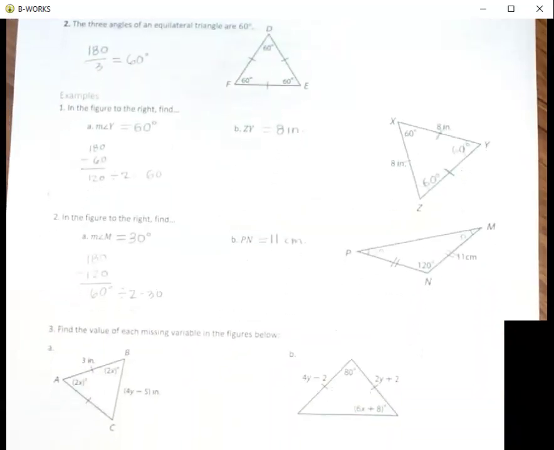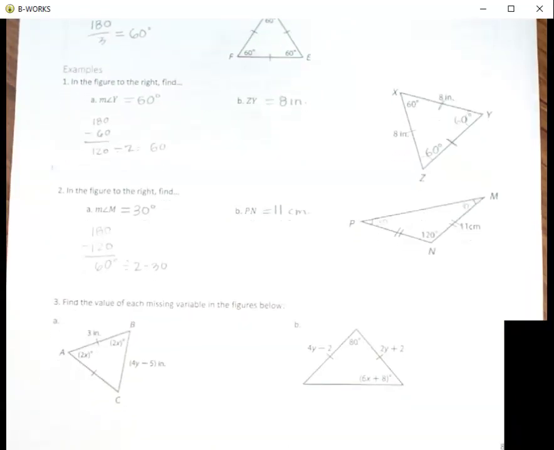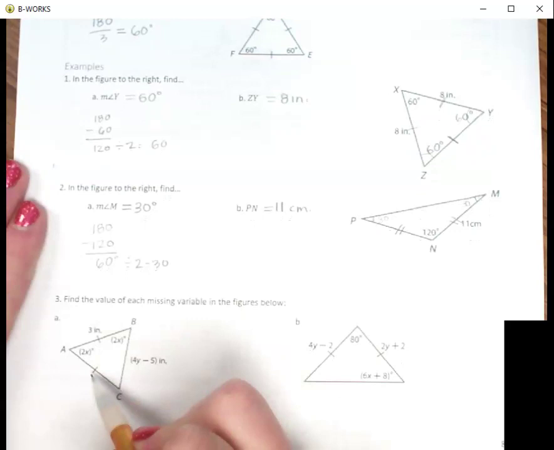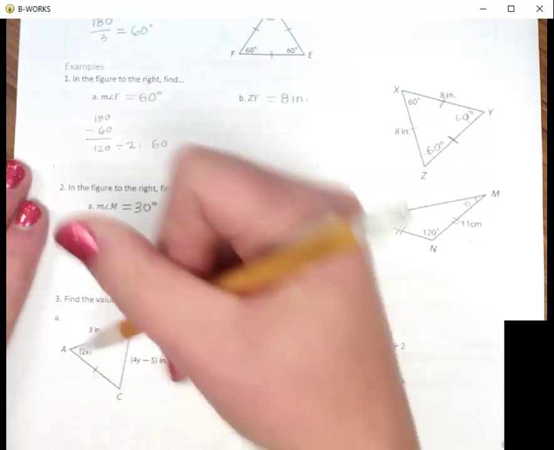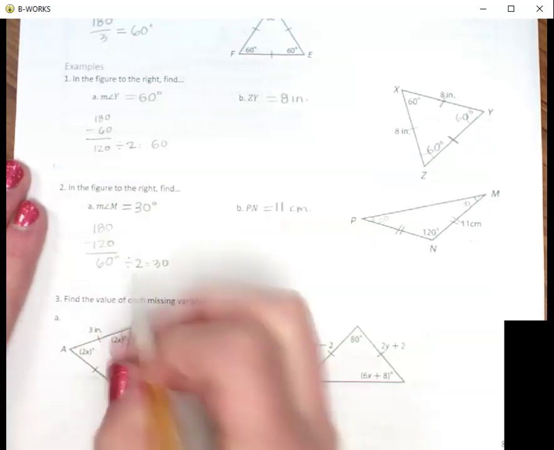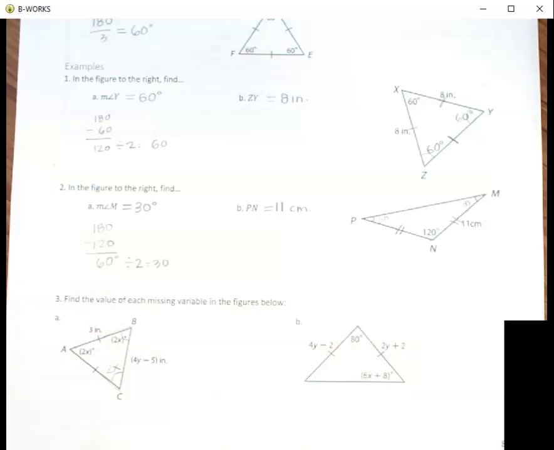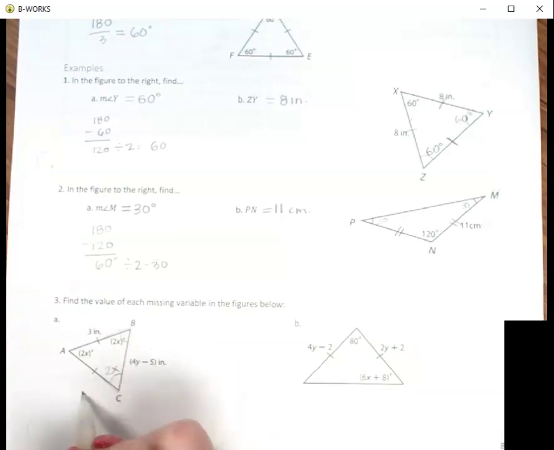And last but not least, find the value of each missing variable. So I'm looking here, I've got these two congruent sides. These are my legs of the isosceles triangle, so these base angles are congruent. If all three of these angles are congruent, that means all three of my sides are congruent as well.